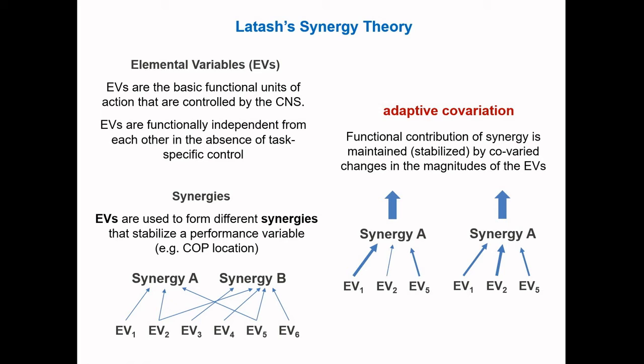The big blue arrow at the top is signifying that the output of this synergy is the same on the left and on the right. What we notice, though, is that the particular combination of elemental variables is not the same. What is happening is that the elemental variables have been combined in different ways in order to produce the same functional output. We'll develop this idea further on the next slide.